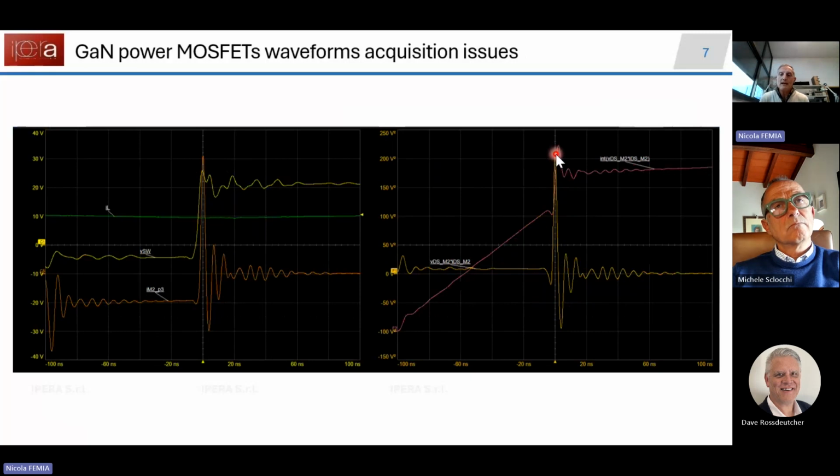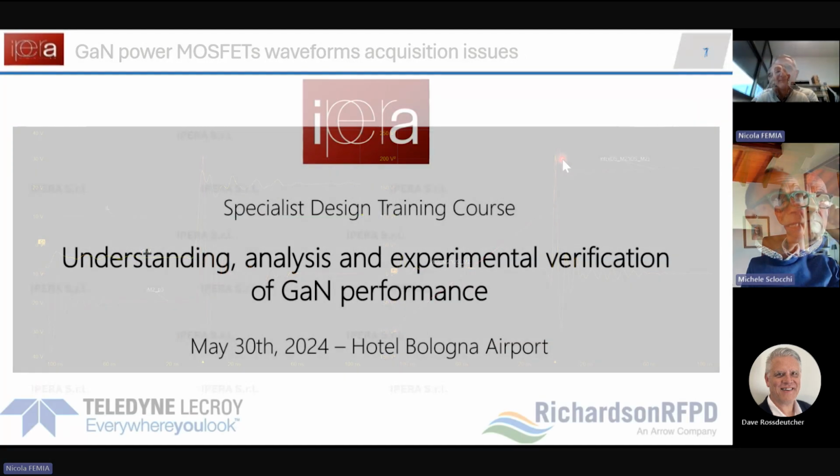So a good measurement setup, based on a complete awareness of the problem of GaN commutation that we will discuss in this seminar, both in terms of understanding the behavior and understanding how to predict the waveforms, is the fundamental step to make a good measurement. Then you have to select the right instrumentation, the right probe, and make the right setup of all these to make the correct measurement. But this is possible, and we will show how.